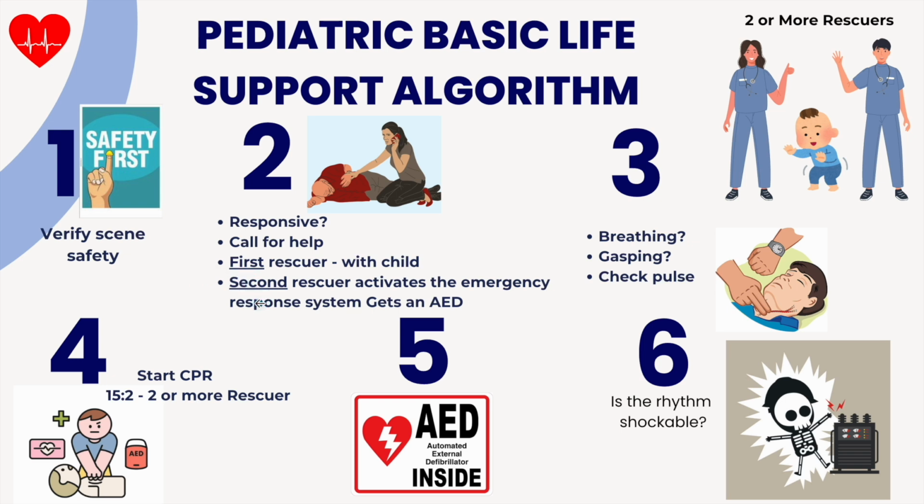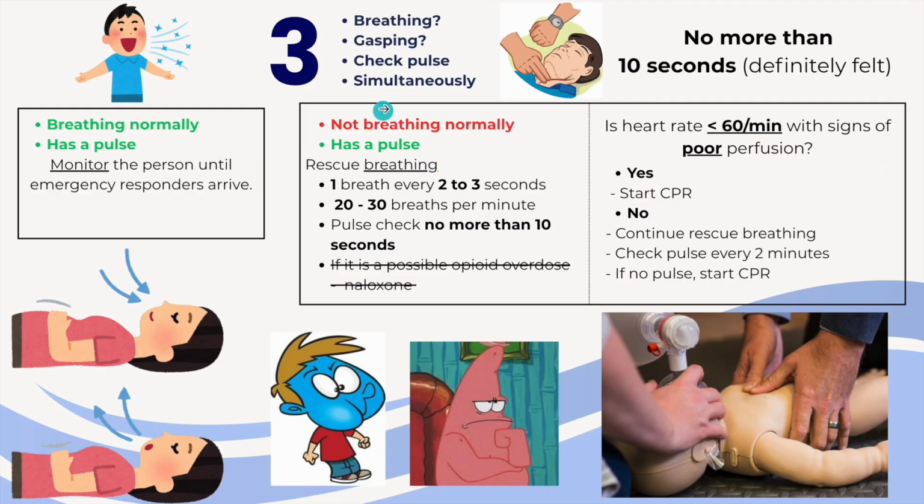The next action is based on whether breathing is normal and if a pulse is felt. If the victim is breathing normally and a pulse is felt, activate the emergency response system. Monitor the victim until emergency responders arrive. If the victim is not breathing normally but a pulse is felt, provide rescue breathing. Remember, we are talking about a child or infant, with one breath every 2 to 3 seconds or 20 to 30 per minute.